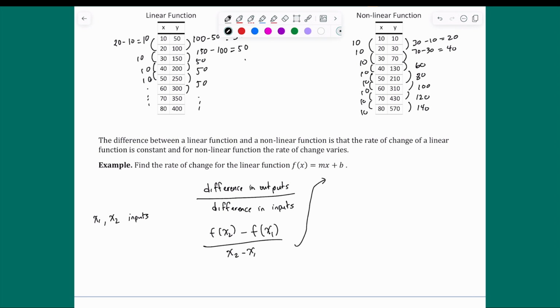Well, f of x2 really is m times x2 plus b, right? So that's f of x2 minus m times x1 plus b, all over x2 minus x1. Okay, and so now just simplifying this using some algebra, we'll distribute that negative. So we have this still.